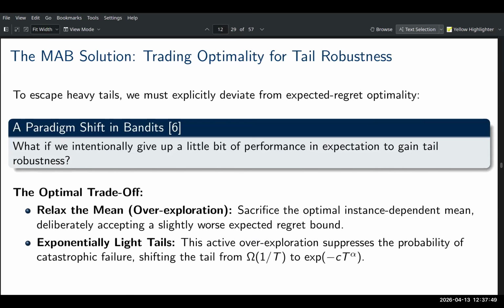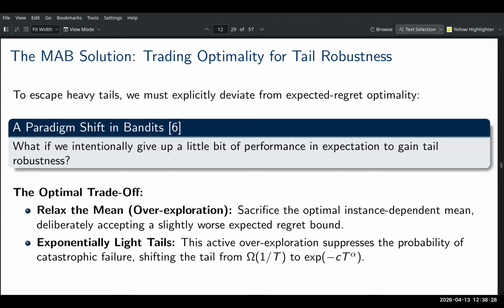They do more exploration, more gentle exploration, to make sure that they have better estimation, so those bad events won't happen as much. So instead of log t appearing in the bonus function, it will be t to the alpha. Alpha is smaller than 1, so it's more aggressive exploration. You're assigning more bonus to arms that you don't have enough information about, so you're more incentivized to search those arms.